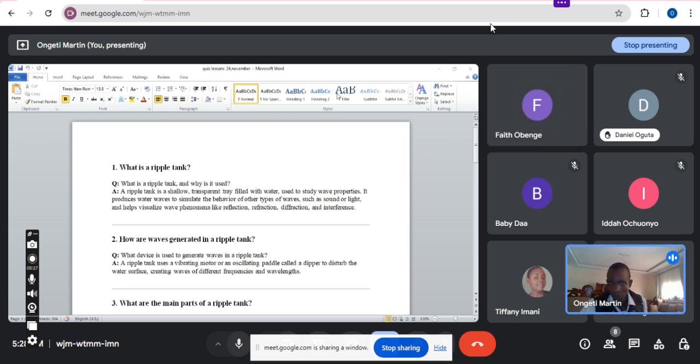Faith, take us through that. What is a ripple tank? So we had covered a ripple tank. When you talk of a ripple tank, can you read for us what it is?